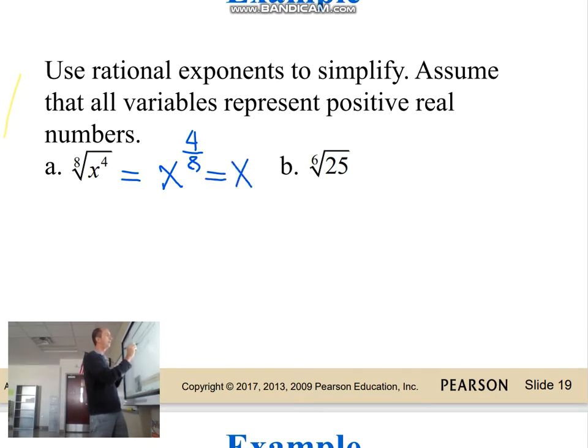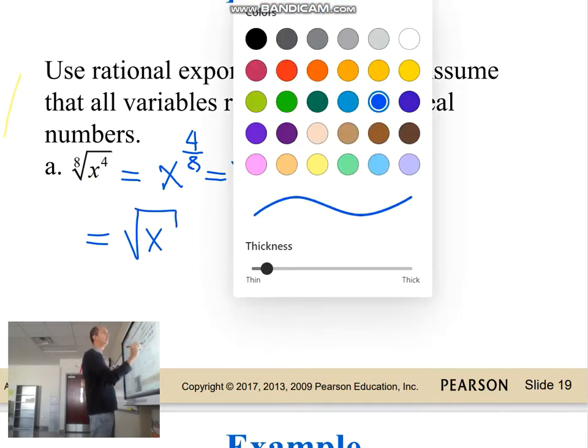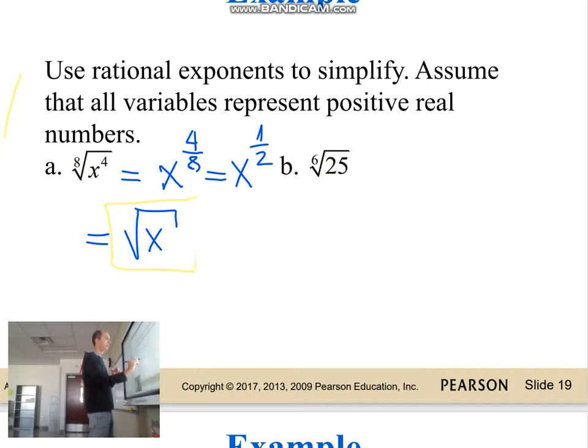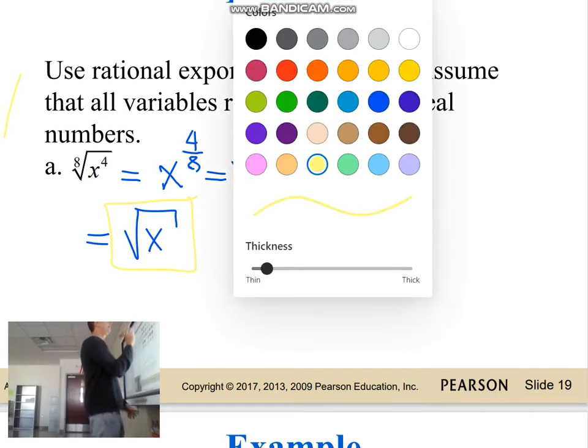You can write the equivalent fraction 1 over 2. This is the square root of x. So writing as a rational exponent helped us to simplify the radical expression.